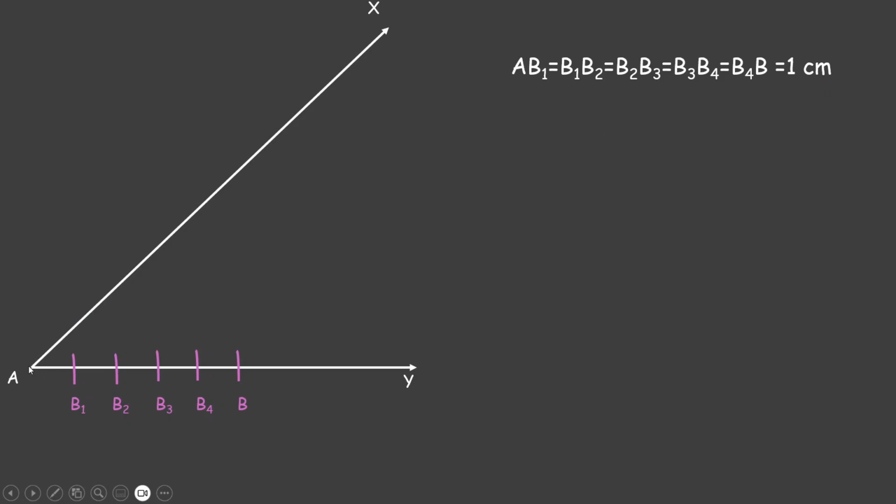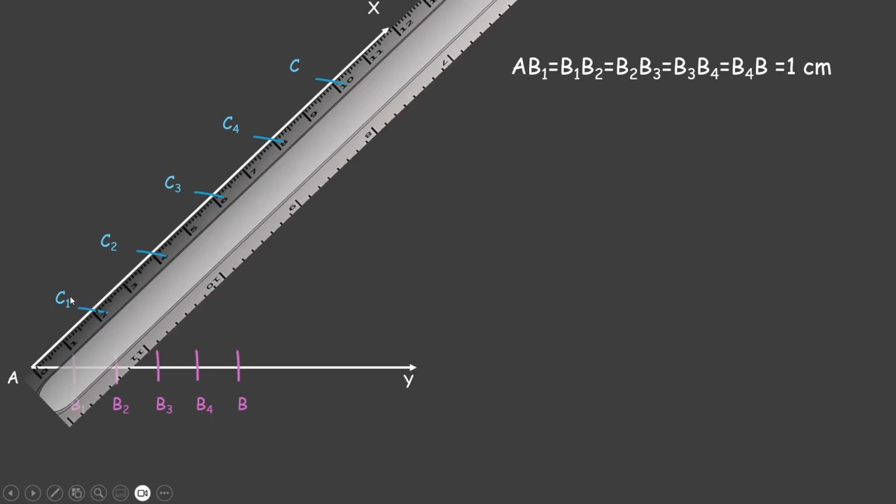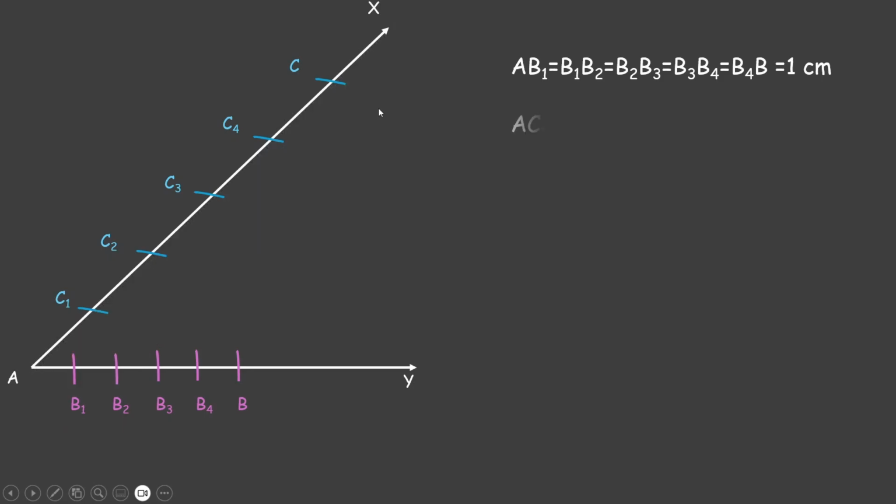Similarly, from this point A, let us make some arcs on AX as well. Let's call them C1, C2, C3, C4, and C. Now, we have placed these arcs at 2 centimeters each. So AC1 is equal to C1C2, equal to C2C3, and so on, and these are equal to 2 centimeters.